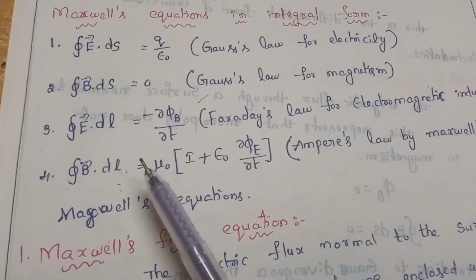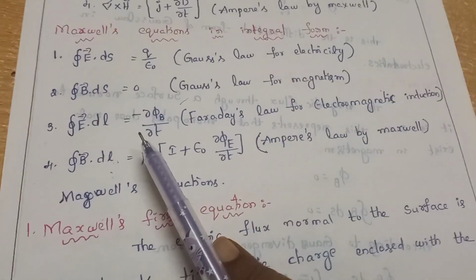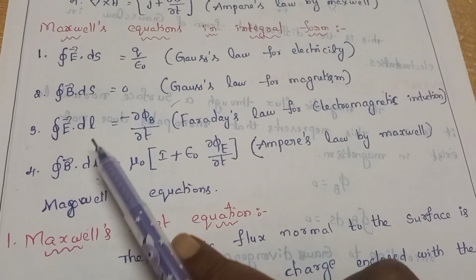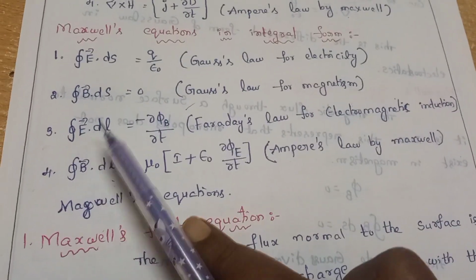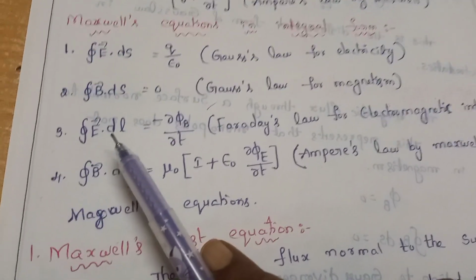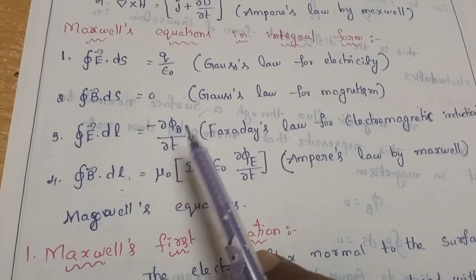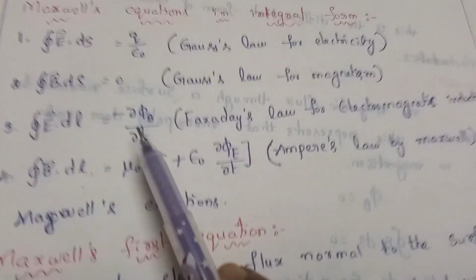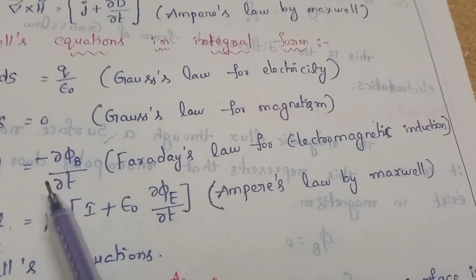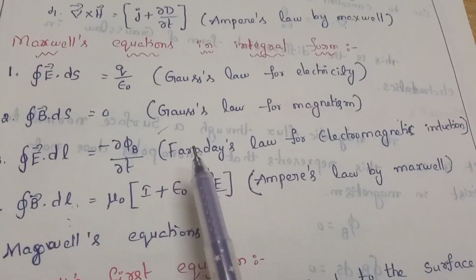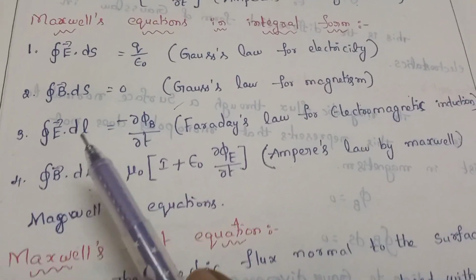And the third one is proposed by Faraday. The third equation is the line integral of electric field is equal to minus dou by dou t of phi B. It is known as Faraday law for electromagnetic induction.